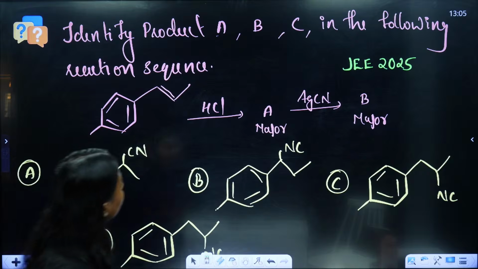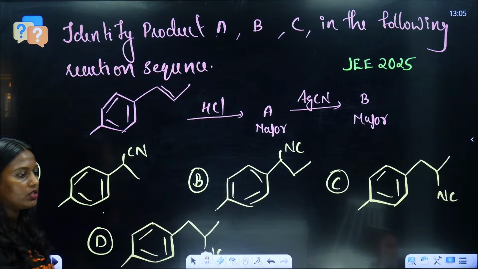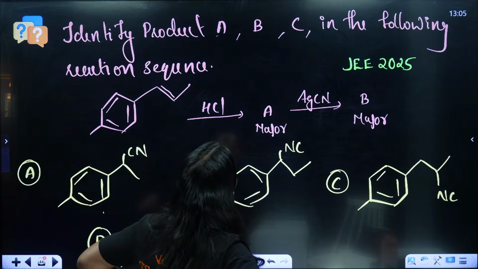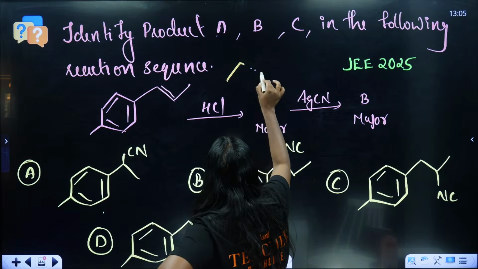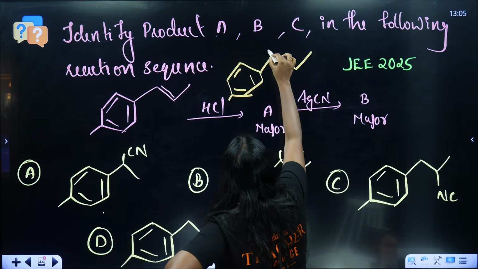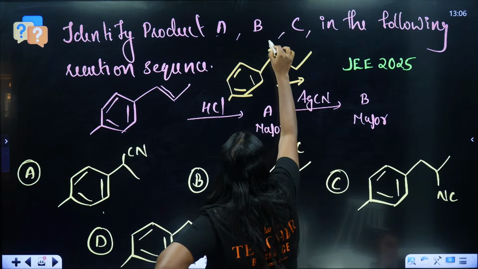Identify the products A, B, C in the following. What is A? Anyway, what will happen? If it reacts, carbocation will form here, a secondary one. In the next step, Cl will attach here.